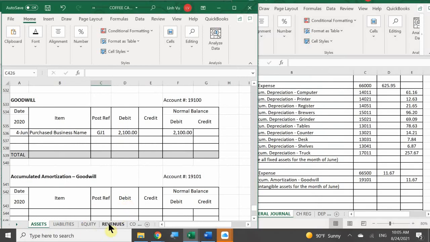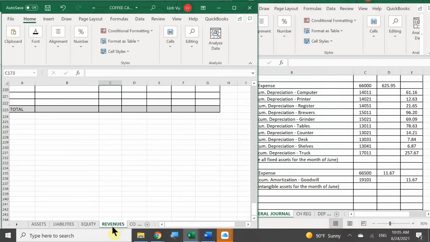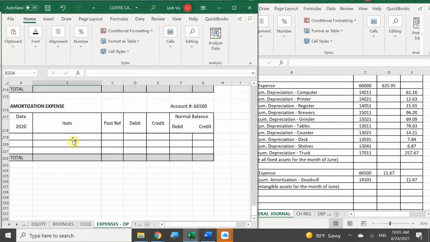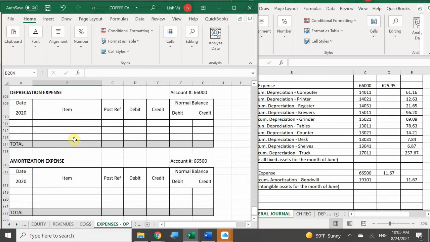Starting with the very first one, your depreciation expense account. Because you used so many accounts, please stay in order so you don't skip over one and forget to put it in there.